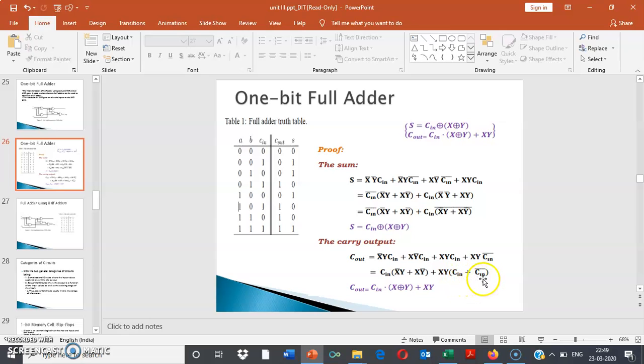So what is 0 plus 1? 1. So C in plus C in bar is 1. So XY multiplied by 1 is XY. So you get C output as C in into X XOR Y plus XY. So again here sum is equal to XOR of all the three variables, and C output is C in into X XOR Y plus XY.